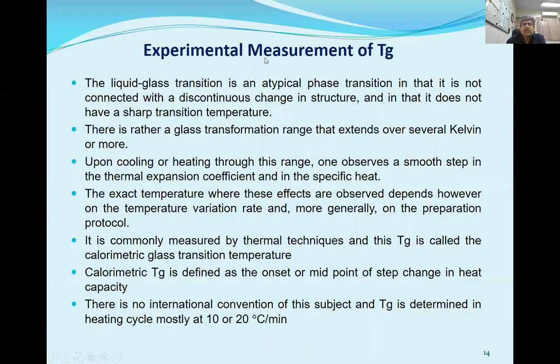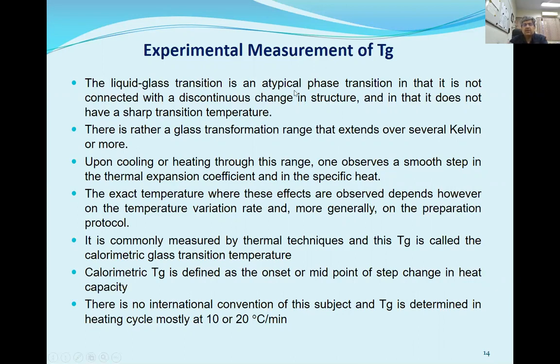So here we'll try to understand some important aspects related to the experimental measurement of the glass transition temperature. The supercooled liquid to glass transition is an atypical phase transition.